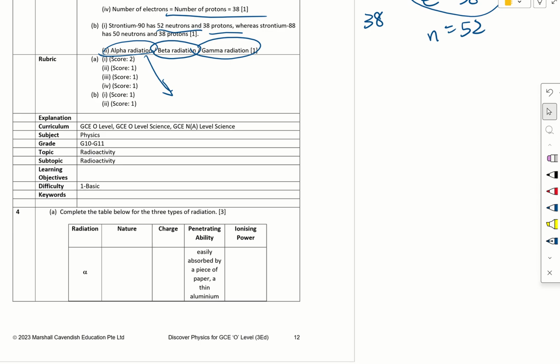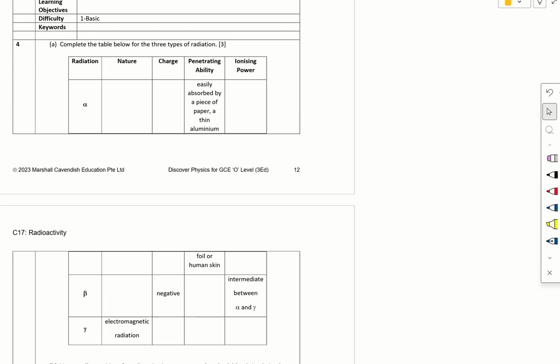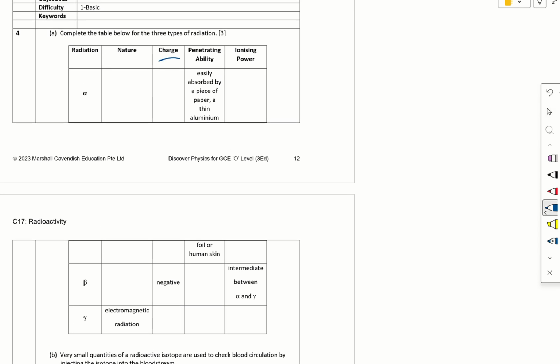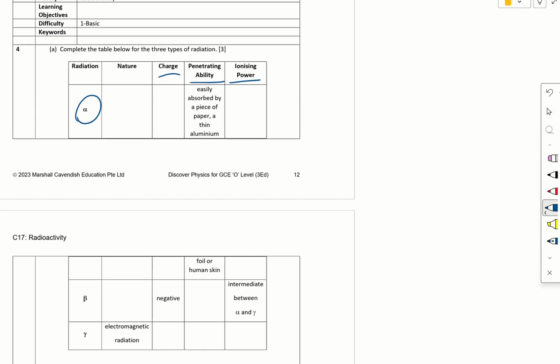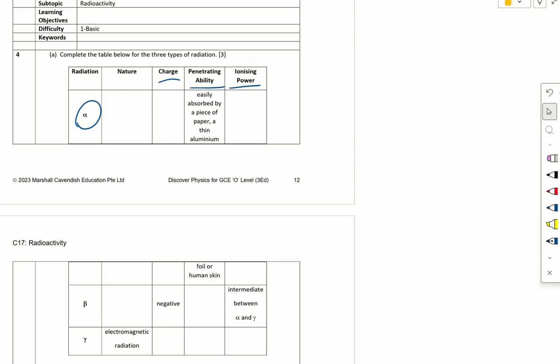Question 4 is what we have been talking about: the radiation, the nature, the charge, the penetrating ability, and the ionizing power. This is the symbol for alpha. What are they asking for the nature? For this, I would think that it is a helium nucleus.